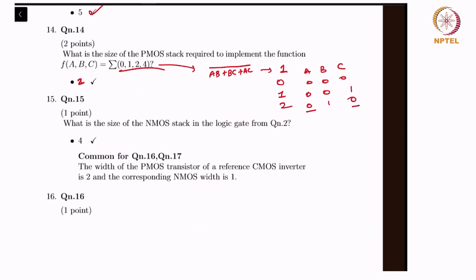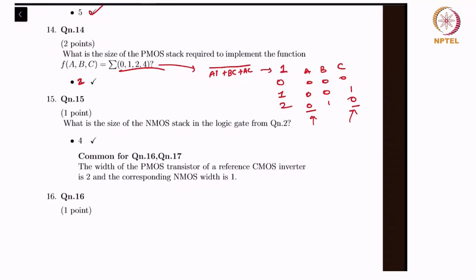Because if there are two zeros, then two of these terms will, for example, if A and C are 0, then A occurs in two terms and B also occurs in two different terms. So two variables are enough actually to capture all the terms in this summation. So if two variables are 0, then the whole thing becomes 0, I mean, the sum becomes 0, the complement of that becomes 1, right?